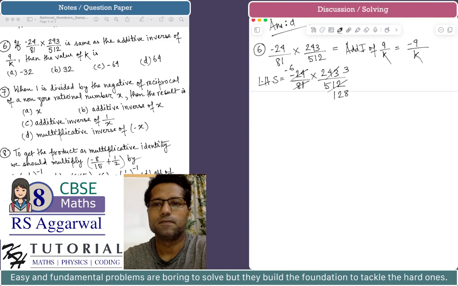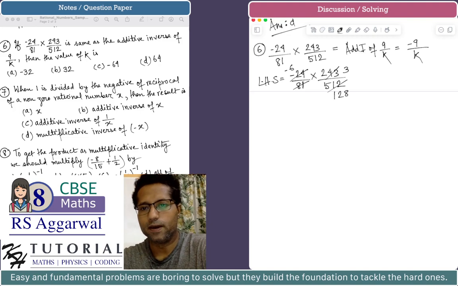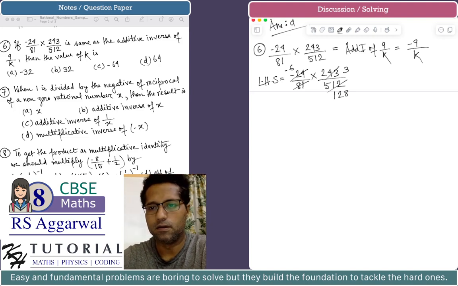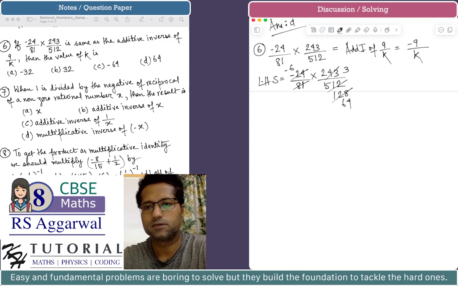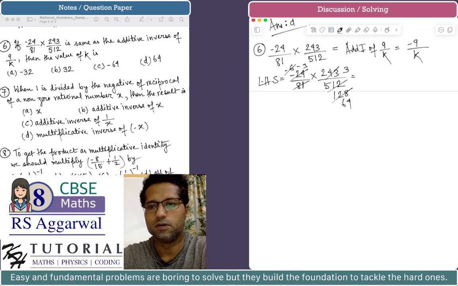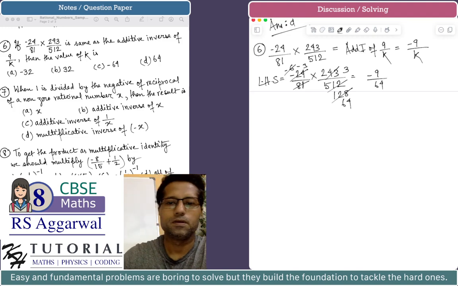And 2, if I further divide 128 with 2, I have 64, and if I divide minus 6 with 2 it is minus 3. So this is equal to minus 9 by 64.